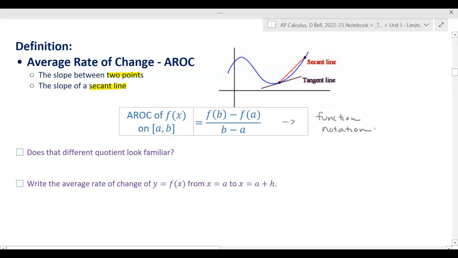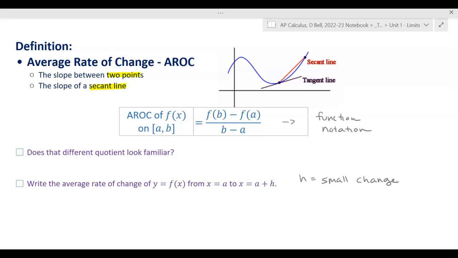So now we're going to write the average rate of change of y, which is equal to f of x, from x equals a to x equals a plus h. So in calculus, h represents a small change. It has to do with why the word calculus means small pebble.